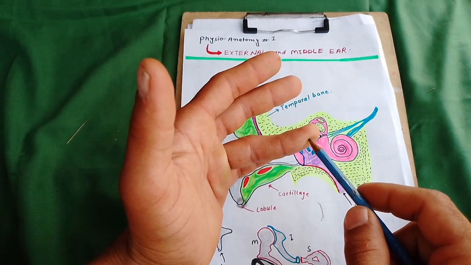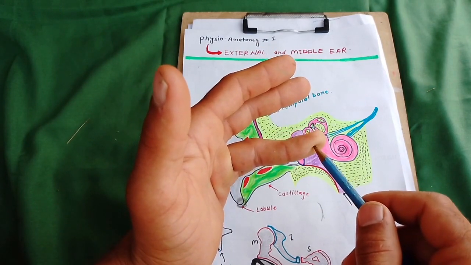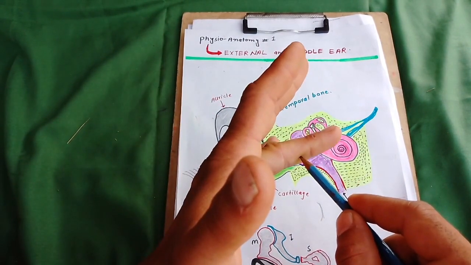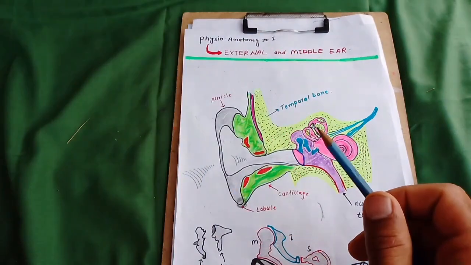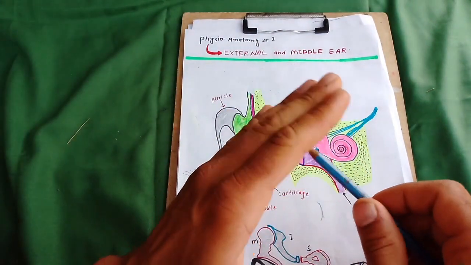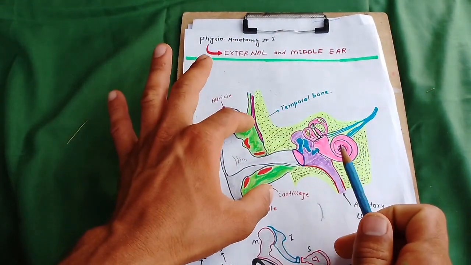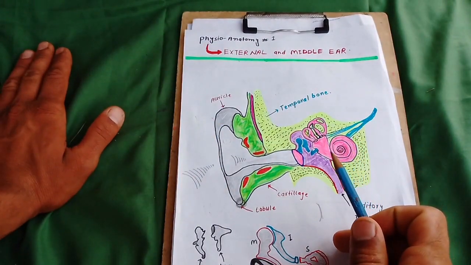The eye only detects light and helps in vision. The tongue helps in taste. The nose helps in the smell of odors. But the ear is a very important sense organ.